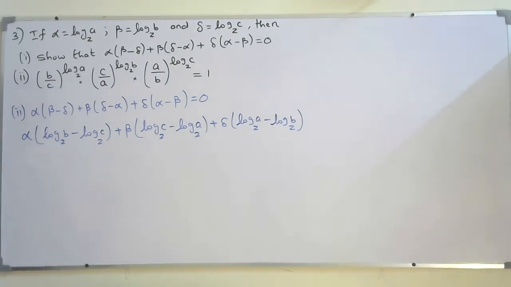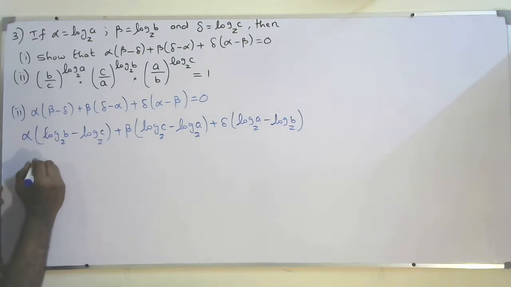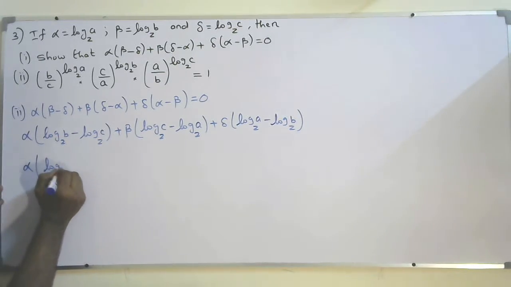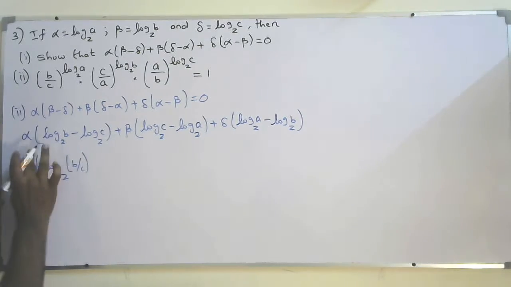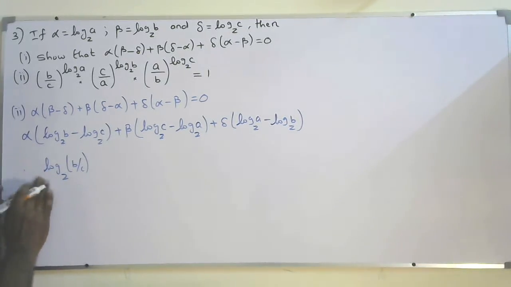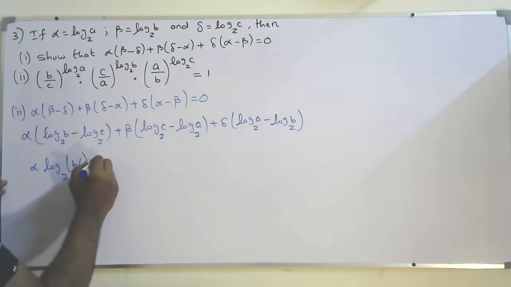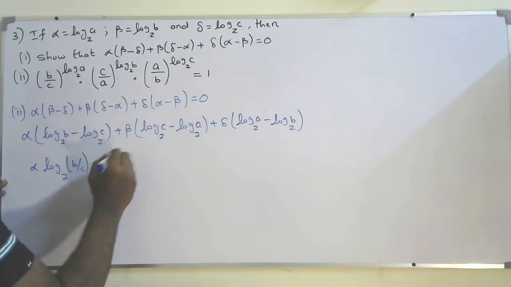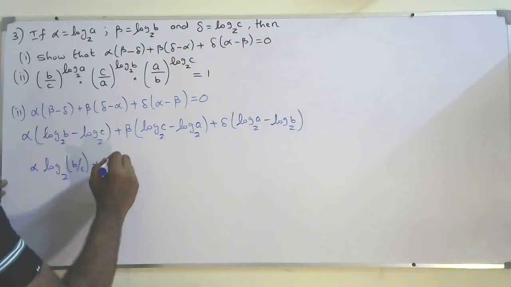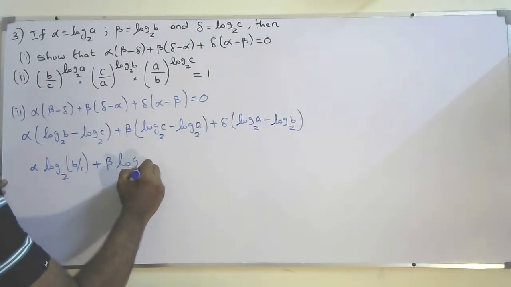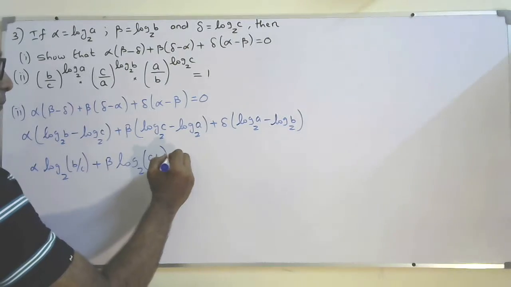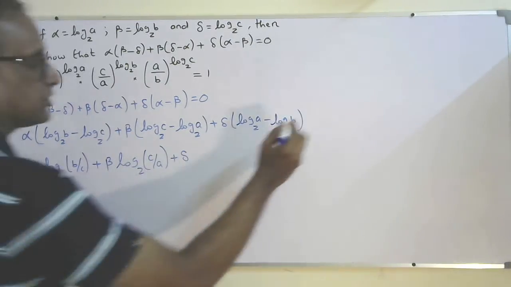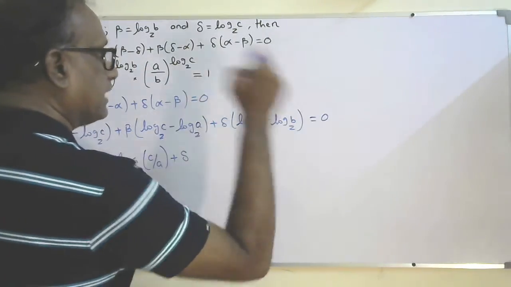Okay, so I'm going to use the quotient rule here. That will be alpha into log z of b over c. I can remove this bracket now. So alpha into log z of b over c, plus beta into log z of c over a, plus delta into log z of a over b, equals 0, because this 0 is given there.